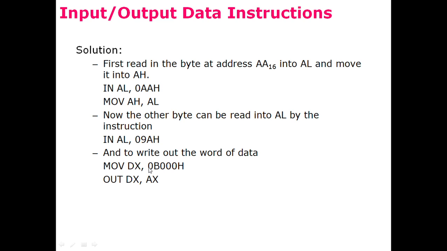The output port address is first moved into the DX register. So the 16-bit port address is now in the DX register, and now the instruction OUT DX, AX is used. This instruction sends the 16-bit value in the AX register to the output port addressed by the value in the DX register.